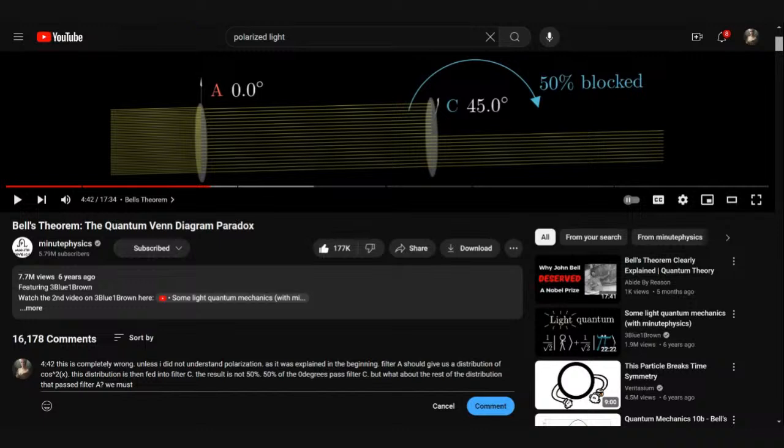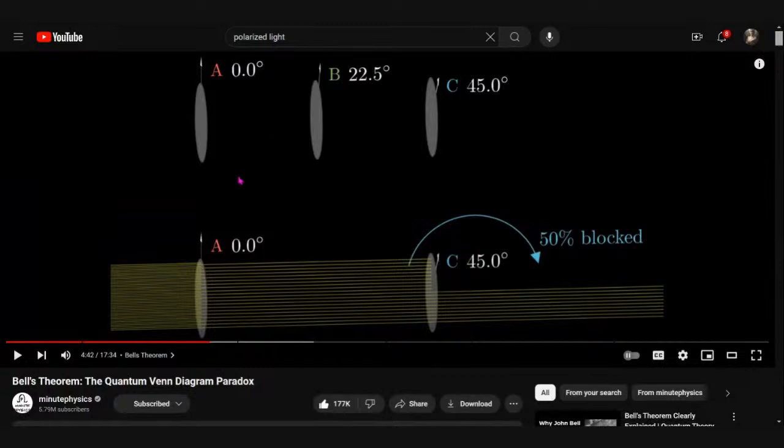There is a distribution, but it's all 0 degrees. The question is, how many passed over? And they're saying it doesn't matter because whatever number came in is the same number here. That's why they don't care.